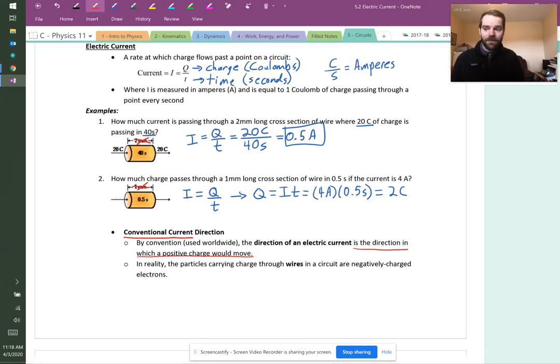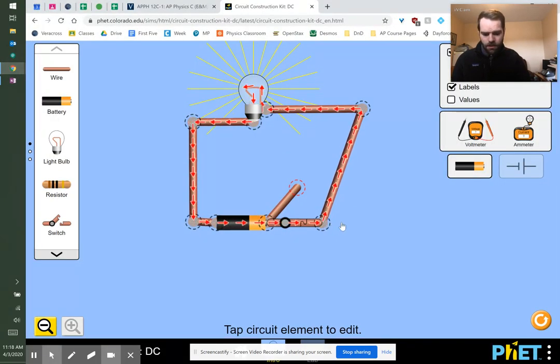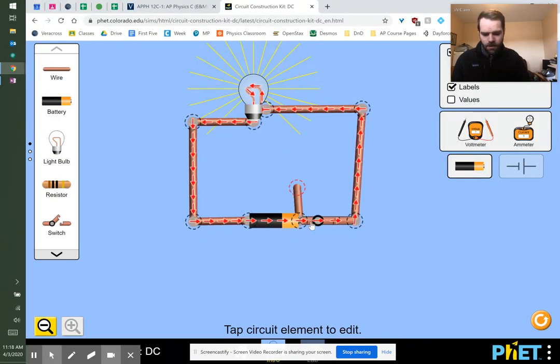Now, in reality, once science developed and we could start looking on a more microscopic, atomic level, scientists realized, oh, actually charges flow in the opposite direction. It's not positive charges that flow, it's negative charges. It's electrons that flow. Let me show you. So here, back in our circuit that I messed up, let me just clean this up a little bit.